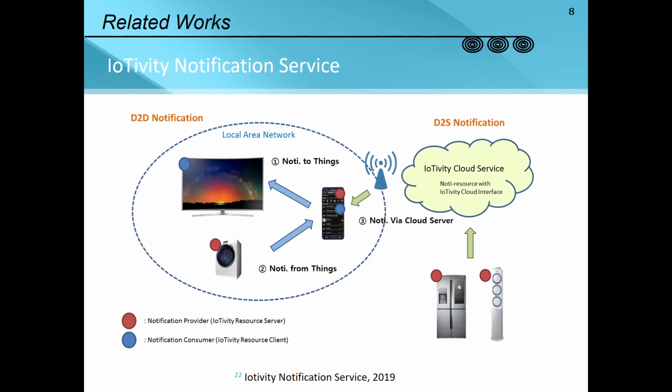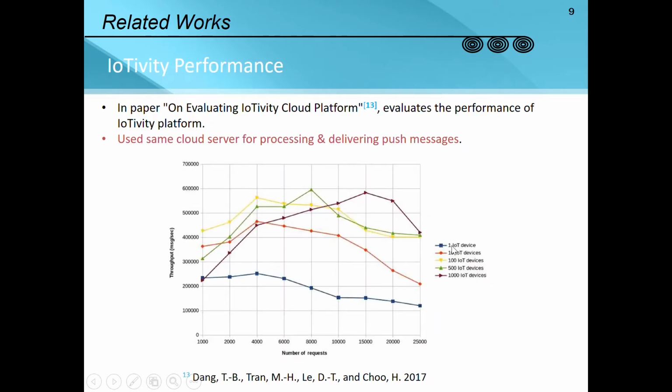We'll focus here on device to server notification. When the consumer finds the notification resource through IoT cloud interface, consumers could make the observe request to the notification provider via IoT cloud.